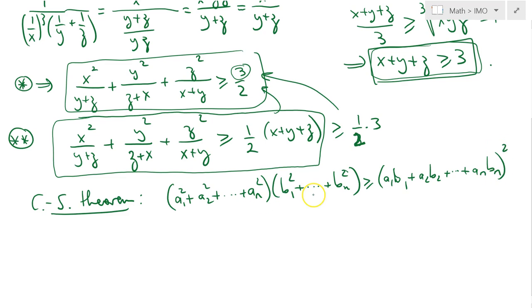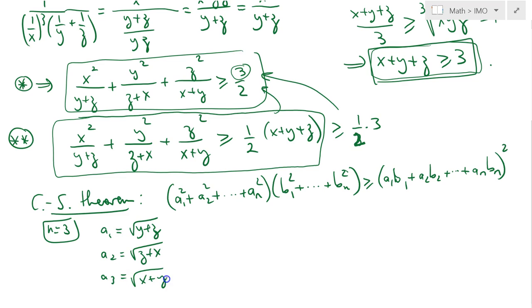Now I will be using Cauchy-Schwarz with n equal to 3, and I will set a1 as the square root of y plus z, a2 as the square root of z plus x, and a3 as the square root of x plus y.